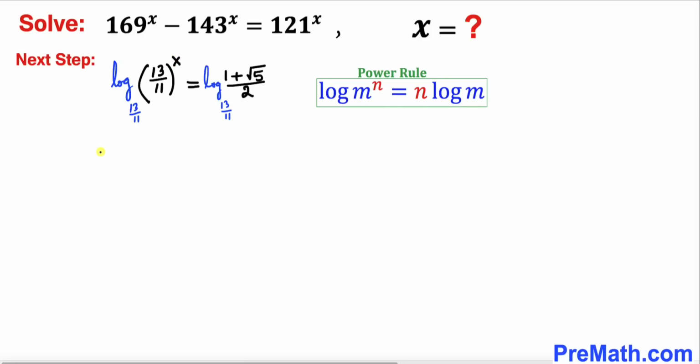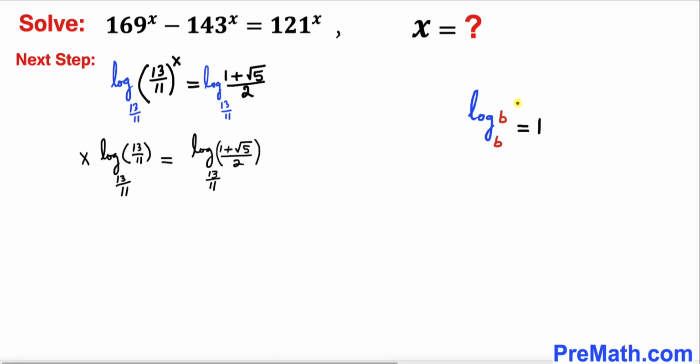So our left hand side is going to become x times log of 13/11 with the base 13/11, equals, and our right hand side is going to stay the same.